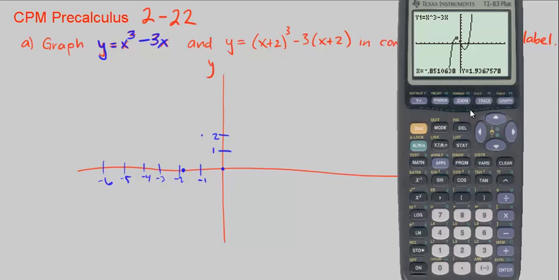I can even go ahead and, in my menus, go to graph. I can do second, calculate, and get a value. So I could say at x is -1, what is my y value? At 2. So right there, -1, 2 is going to be my value.